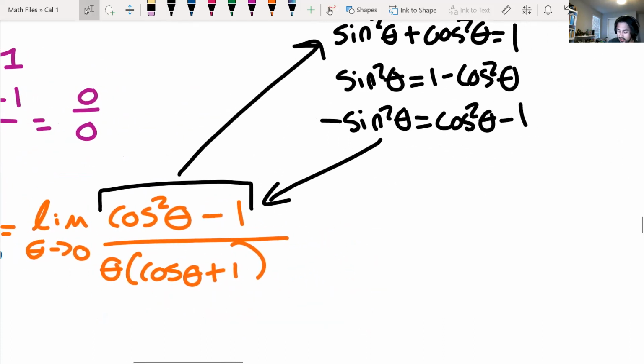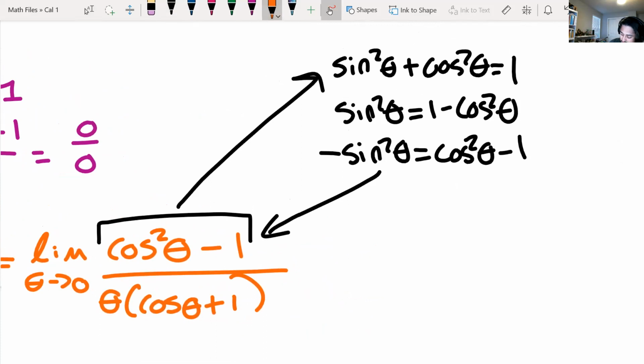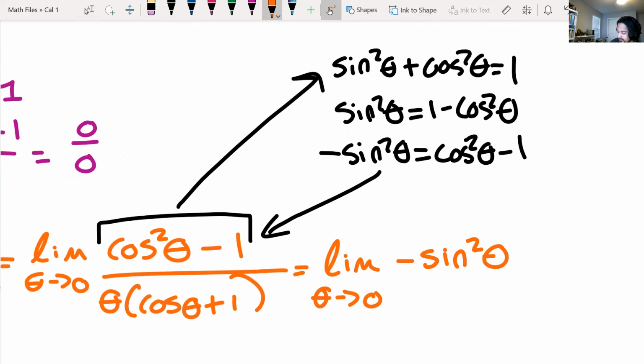You're like, oh man, I didn't think pre-cal was coming back. And now we get the limit as theta approaches 0 of negative sine squared theta over theta times the cosine of theta plus 1.